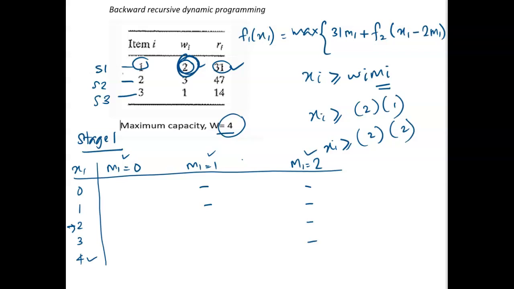Now just substitute the value of x1 and the value of m1 into this equation. So 31 times 0 is 0, plus, so x1 equals 0, m1 also 0, so this will be f2 of 0.